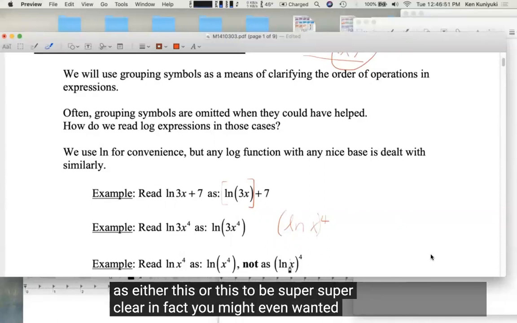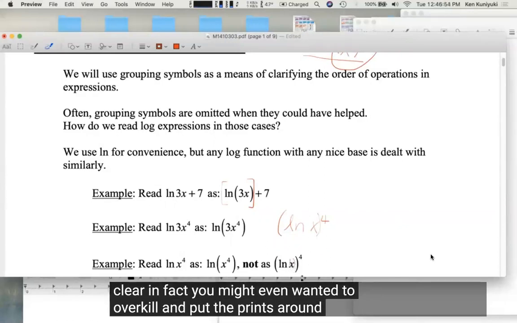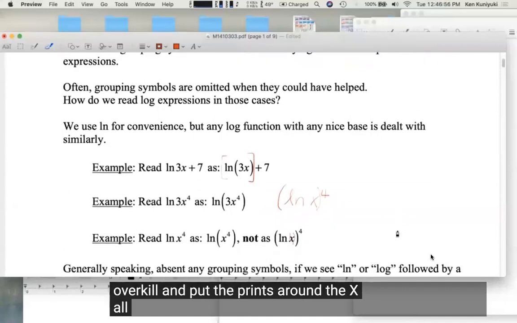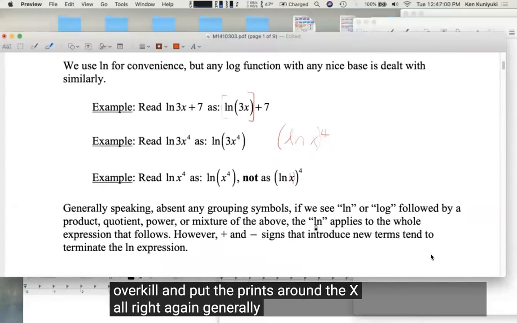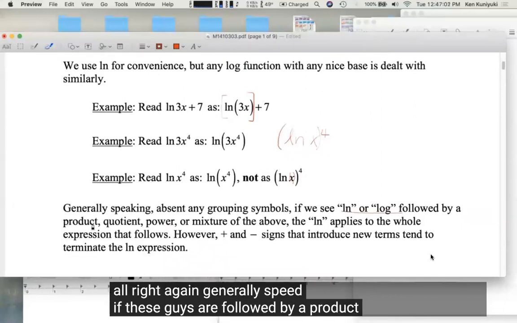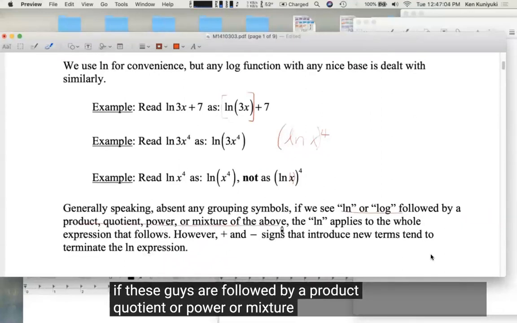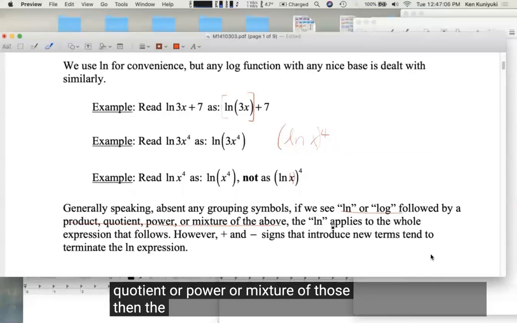In fact, you might even want to do overkill and put the parentheses around the x. Again, generally speaking, if these are followed by a product, quotient, or power, or a mixture of those, then the log is assumed to apply to the whole expression that follows. If you have plus or minus signs, they tend to break things off unless things are in grouping symbols.